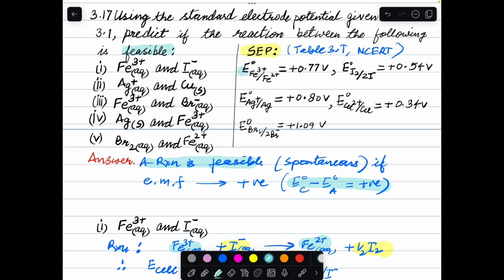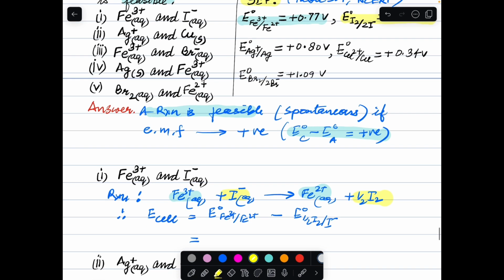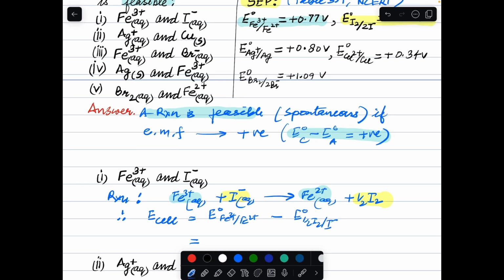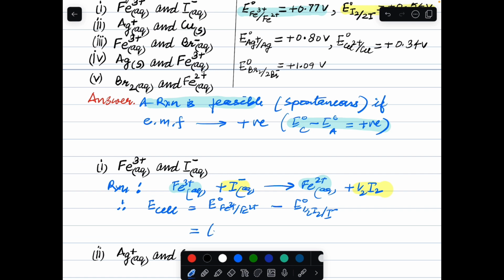For iron, this is the value, and for iodine, this is the value. So we will put down the values here. It is plus 0.77 volt minus plus 0.54 volt. Always when you are writing the value of electrode potential, do write it along with the sign, plus or minus, to avoid any confusion while calculating the value of E cell.